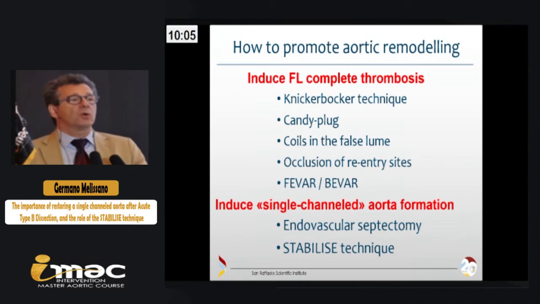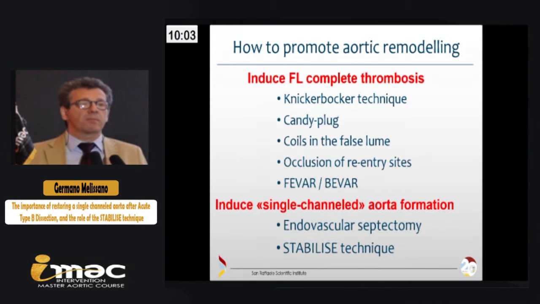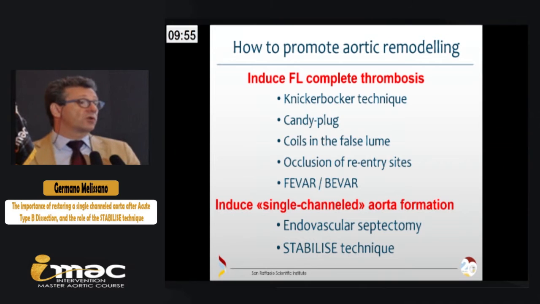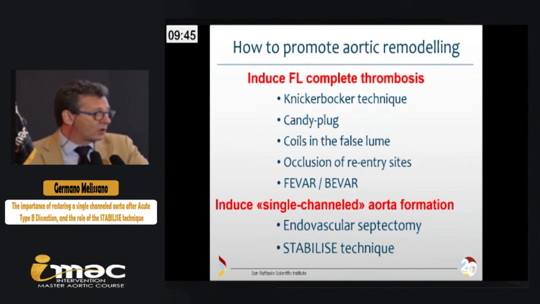So what can we do? What strategies can we employ to avoid this dilatation? Well, the most traditional strategies would be to try to induce a complete thrombosis of the false lumen. This can be done with the Knickerbocker or the candy plug technique if the dilatation is limited to the thoracic portion of the aorta. It can be performed with coils, with occlusions of reentry sites.